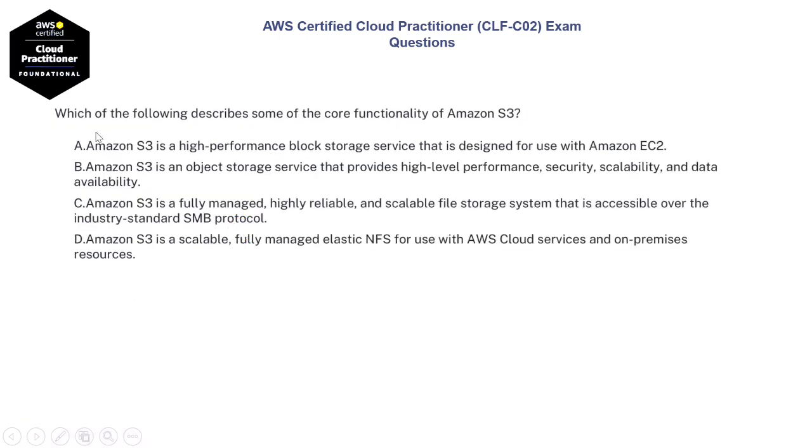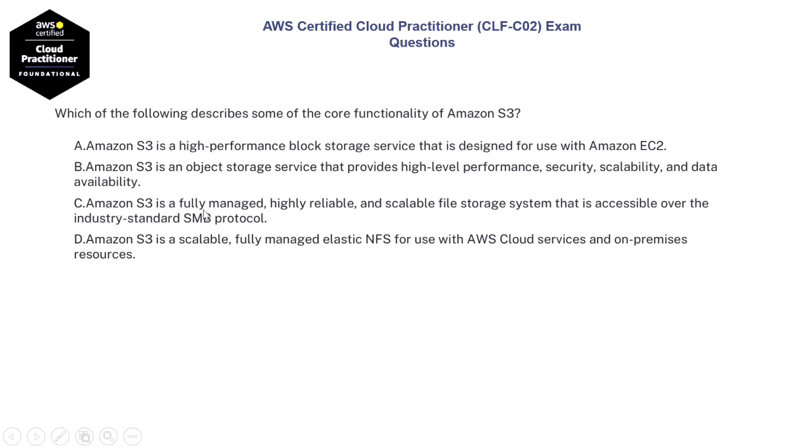Next question. Which of the following describes some of the core functionality of Amazon S3? Option A, Amazon S3 is a high-performance block storage service that is designed for use with Amazon EC2. Option B, Amazon S3 is an object storage service that provides high-level performance, security, scalability, and data availability.